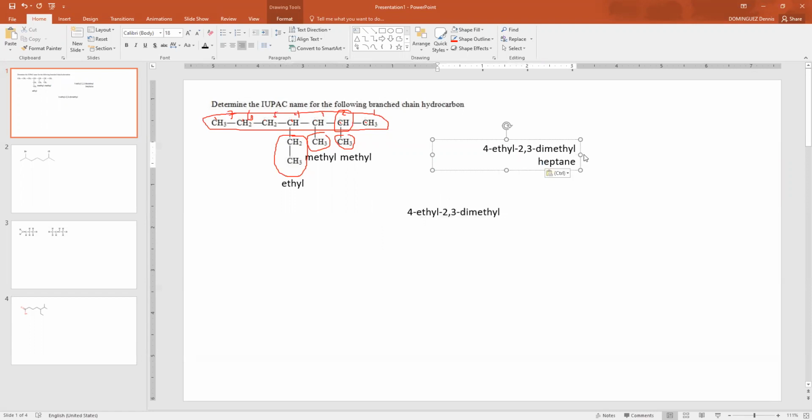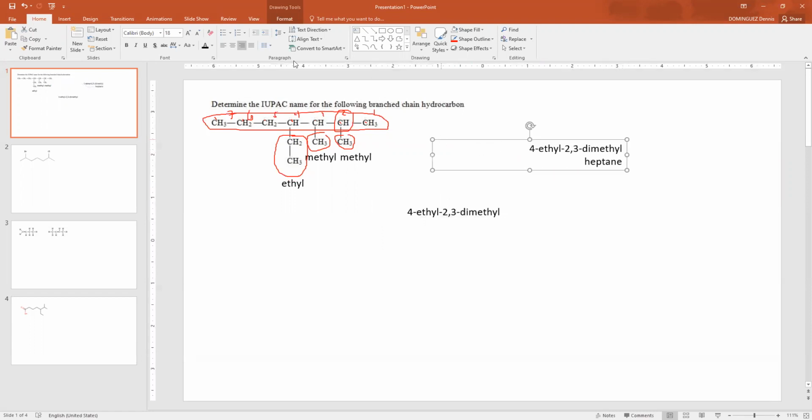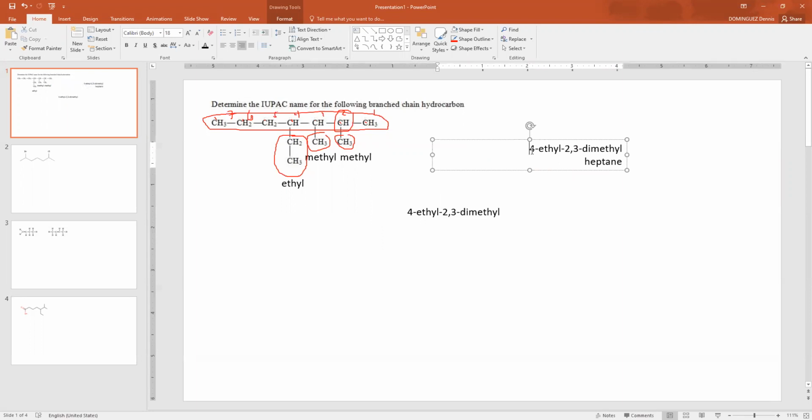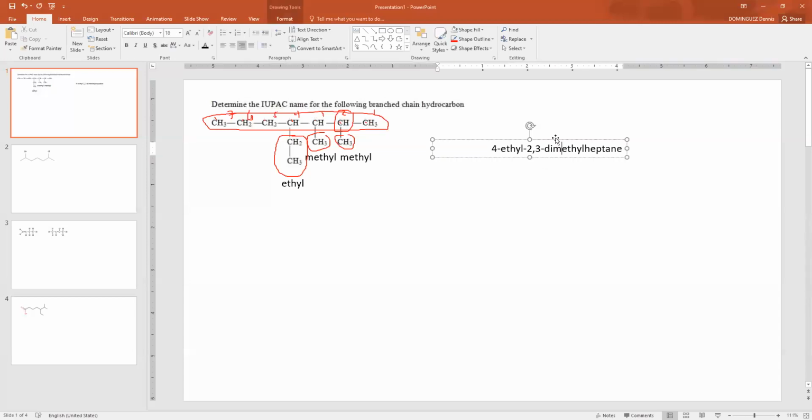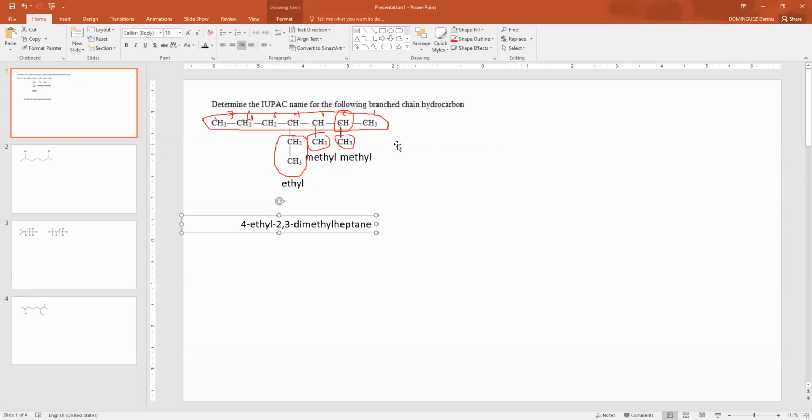So this will be the name of this compound: 4-ethyl-2,3-dimethylheptane.